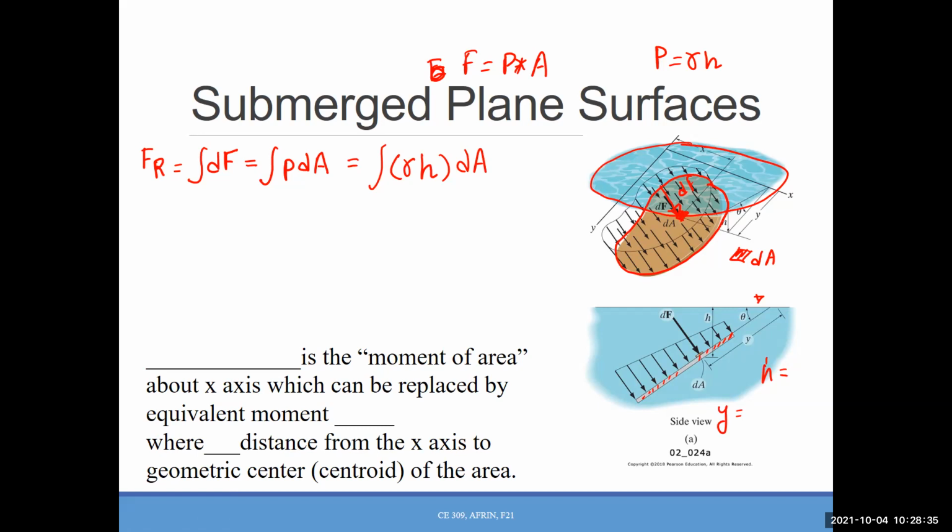Exactly, vertical, right? If you look at the H, this is the direct vertical depth. And what is Y? Parallel to the plate, or we can say across the plate. Yeah, parallel to the plate is a good word also. So this one is vertical depth. And just write down Y is the depth along the plate. Okay.